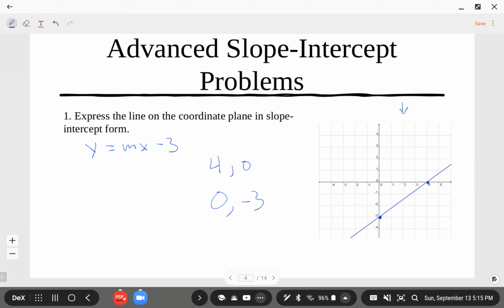So then we just subtract them. Let's say this is y2, y1, and this is x2, x1. So 0 minus -3 equals 0 plus 3, right? 0 plus 3 over 4 minus 0, which equals 3 over 4. And since we have 2 points over here, there's a more convenient way.